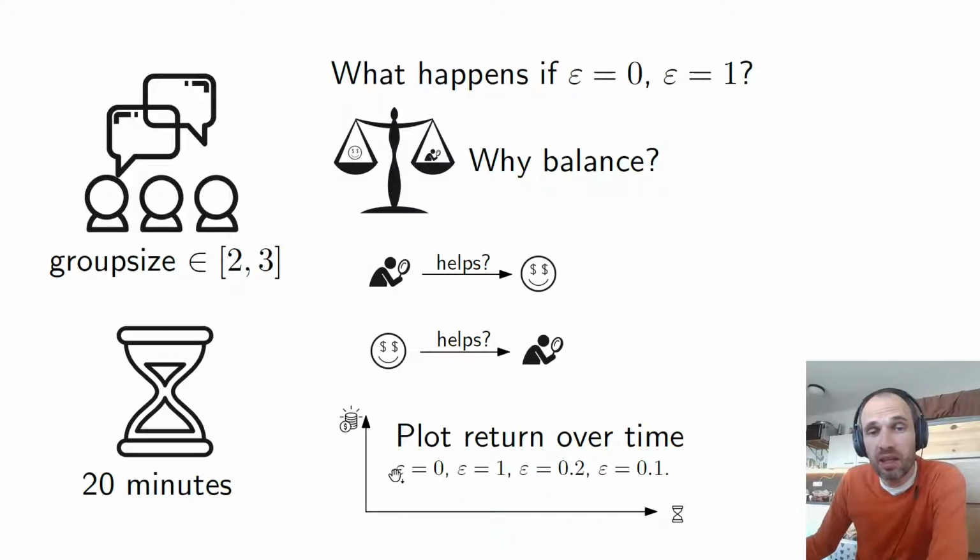Obviously, at the beginning, you would not know what the optimal option is, so you would get a little less of a reward. But later, you may have figured out one of the best options, so you would get a higher reward. So try to draw this graph for these different values of epsilon. Okay, feel free to do it at home or with a friend. Otherwise, I think it's best to do it in class.